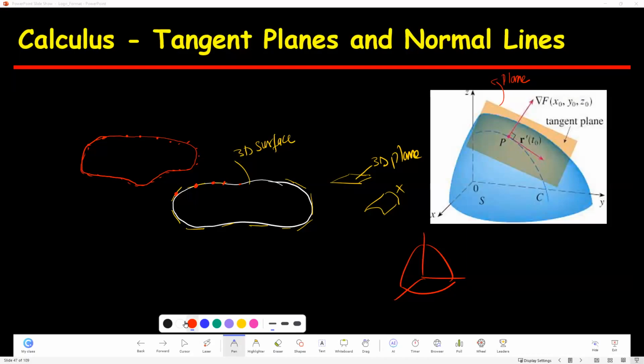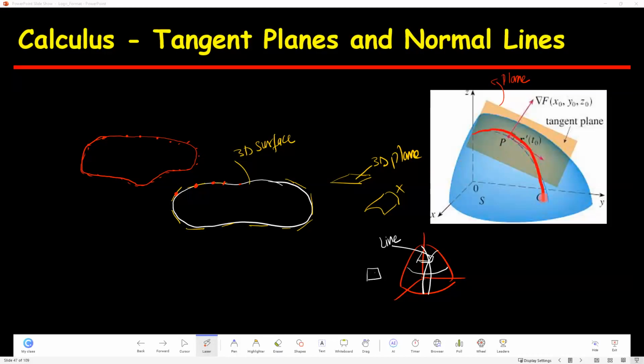I'm not going to take the whole plane. I'm going to take a line on the plane, maybe this line, maybe another line, any line I take. When I make this line, there is a tangent on this line.